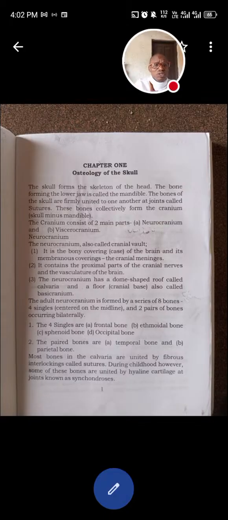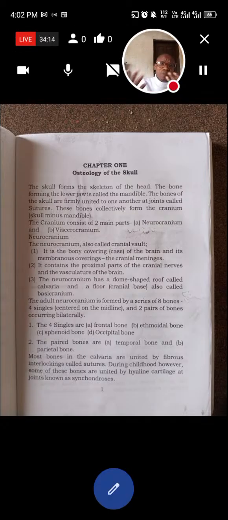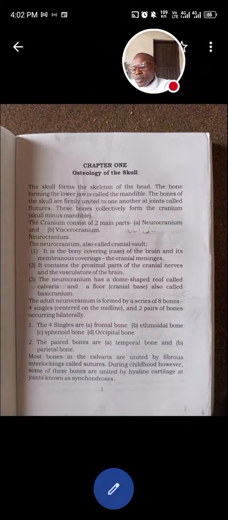When we're talking about the plural, head of the visceral plural, head of the parietal plural. So we have viscera, viscerocranium. All right.